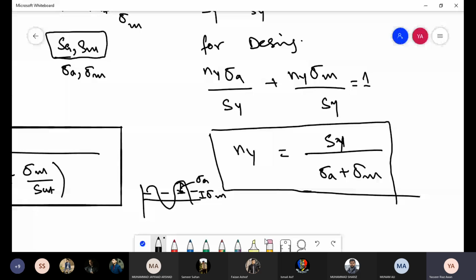Remember, all this discussion is still directly valid for pure loading. We are only talking about pure bending, pure axial, or pure torsion. We are not directly looking at combinations of those, which we will look at later.